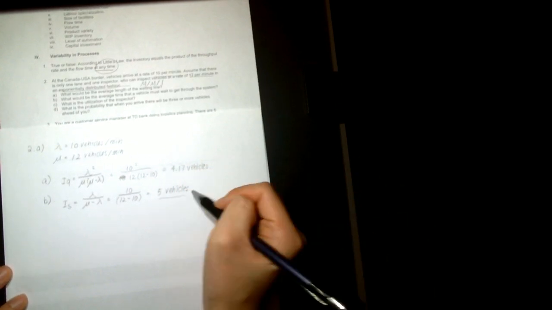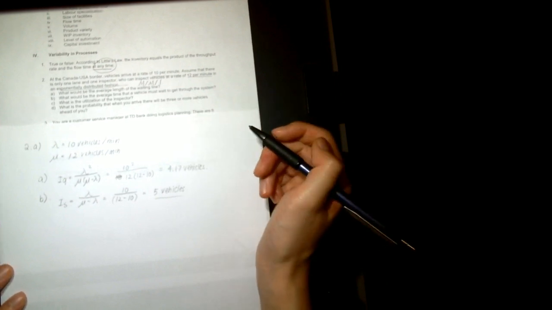This is the number of vehicles in the system. But the question here is asking, what is the time? So we need to use Little's law. We can just plug the 5 in. The arrival rate is 10, so we would get 0.5 minutes.